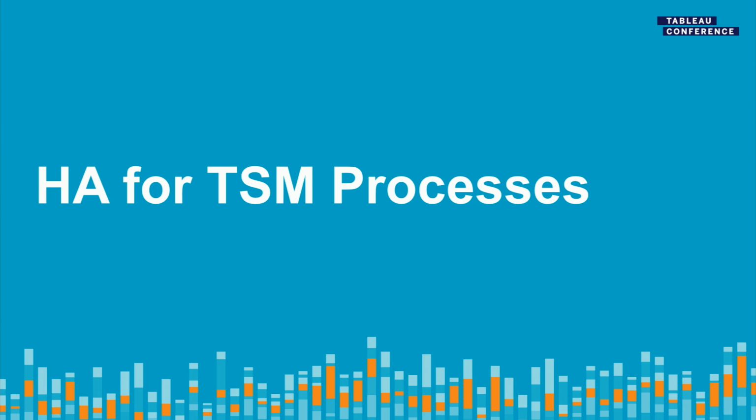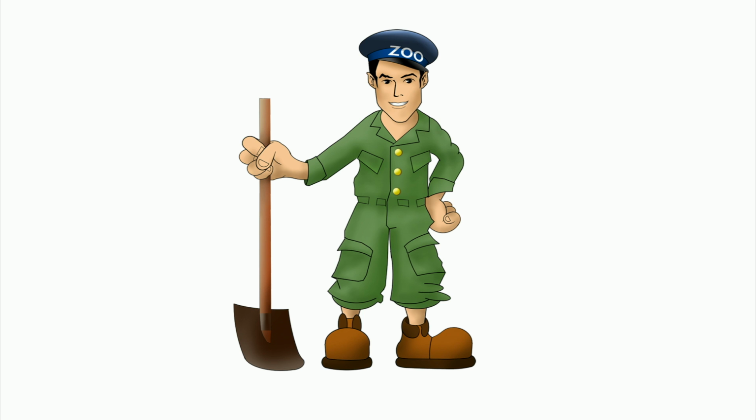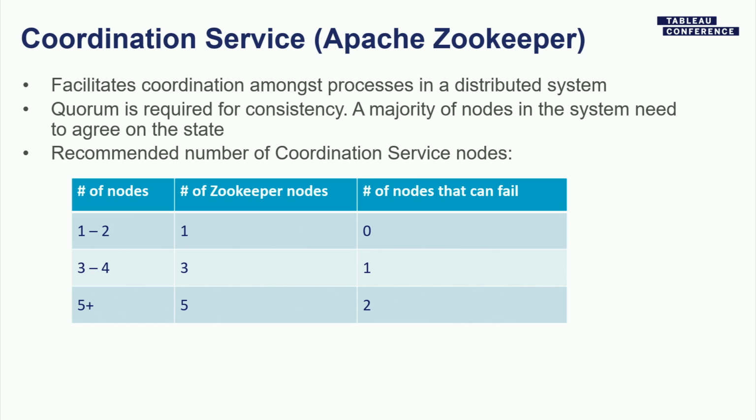So one of the first things I wanted to introduce was the concept of Zookeeper. Zookeeper, or the coordination service that you might know in Tableau Server, is what keeps a consistent view of the state in your service. We actually had the notion of a coordination service ensemble, even in legacy versions of Tableau Server.